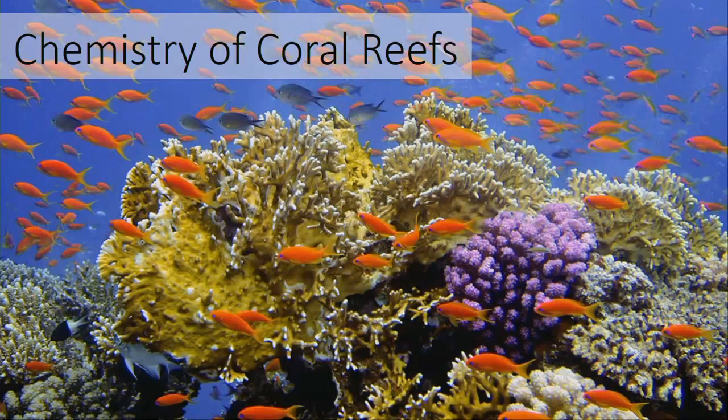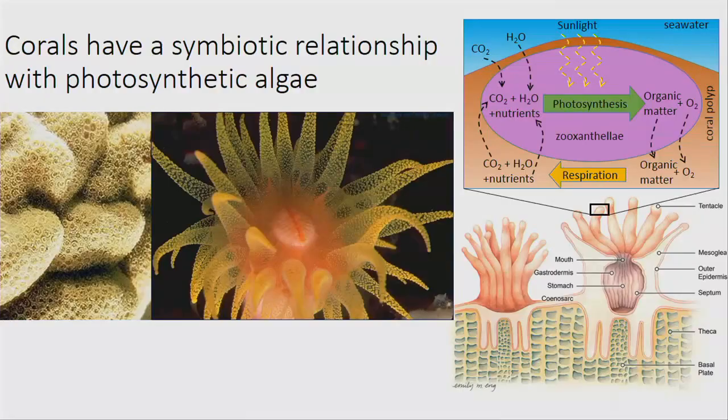So what we're going to be talking about today is the impact of ocean chemistry on these quite important tropical marine ecosystems. And just a bit of a recap of how a coral works. A coral is actually an animal.